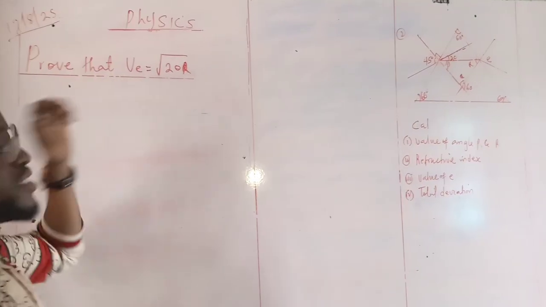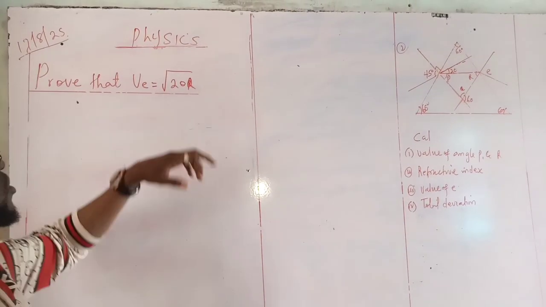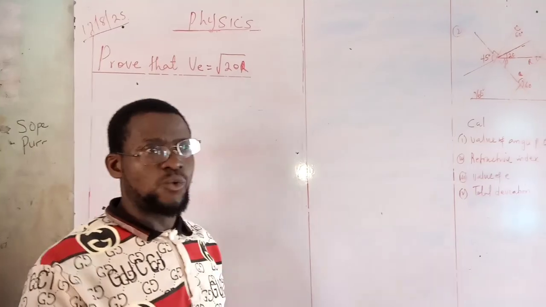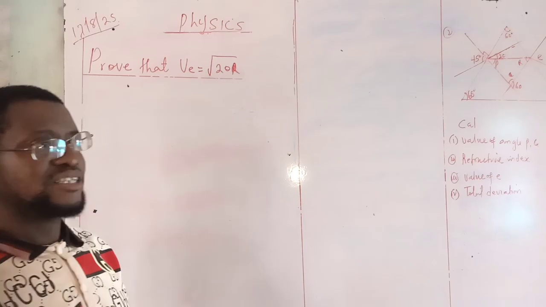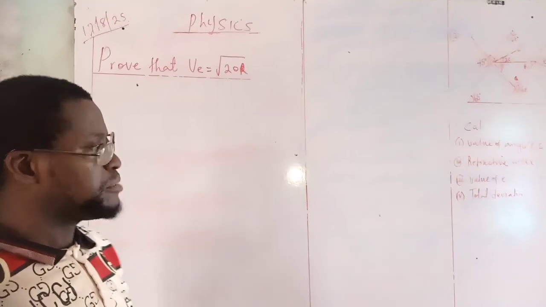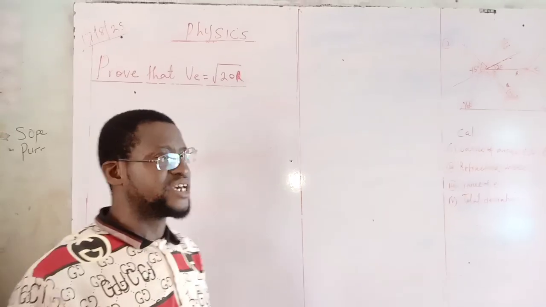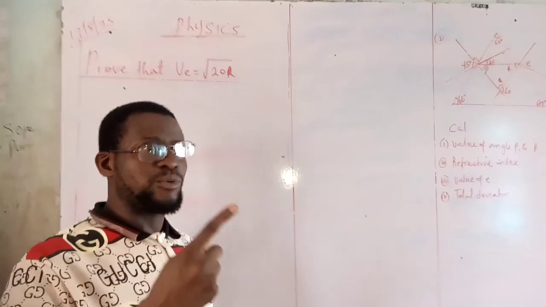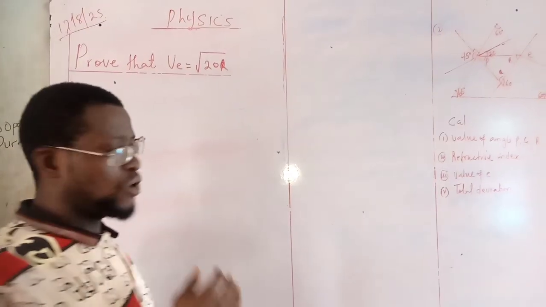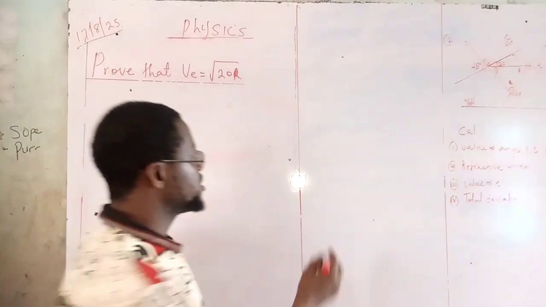Now first, what is escape velocity? Escape velocity is defined as the minimum velocity required by an object like satellites, rockets, just to escape or leave the gravitational influence or the gravitational field. What do I mean?